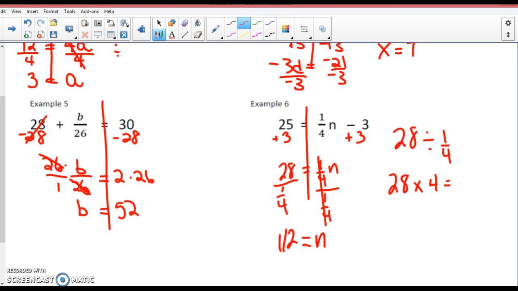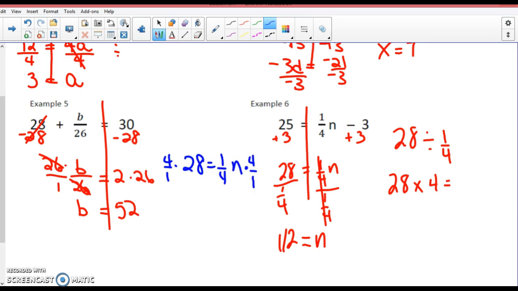Now, you guys are smart kids. At this line, you could say to yourself, self, I'm going to divide both sides by 1/4. But dividing by 1/4 is the same as multiplying by 4 over 1. So why not multiply by 4 over 1 right off the bat? Because look what's going to happen.